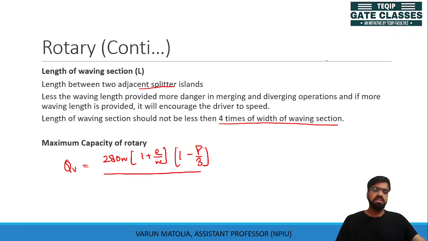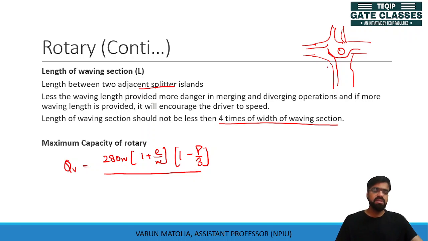Proportional weaving traffic means, if this is a rotary, A vehicles are entering here, B vehicles are entering here, C vehicles are entering from here, and D vehicles are entering from here.